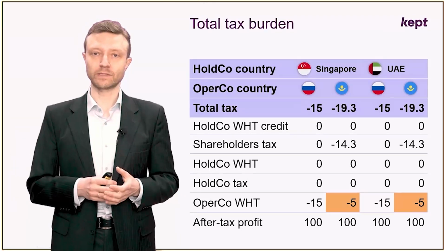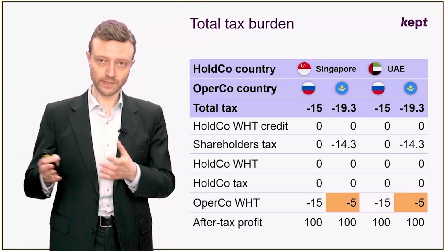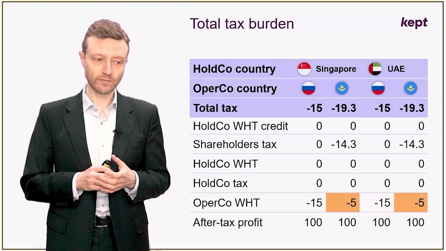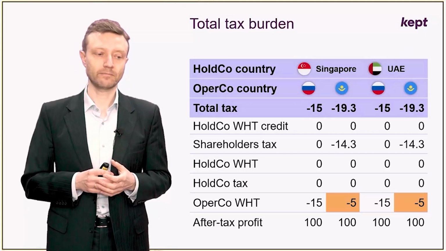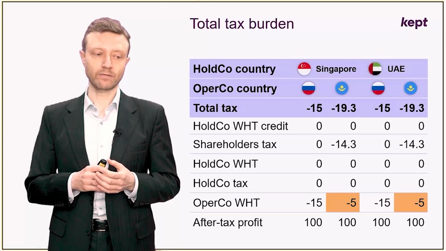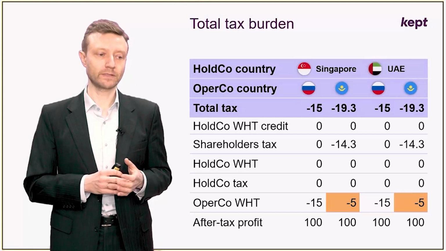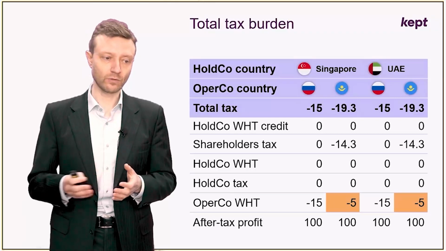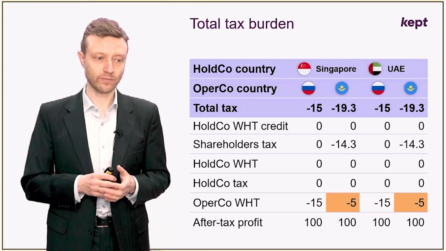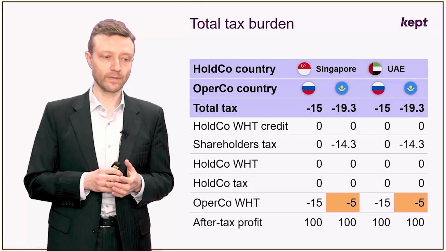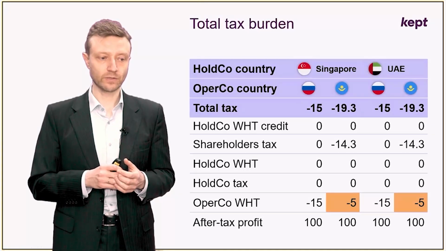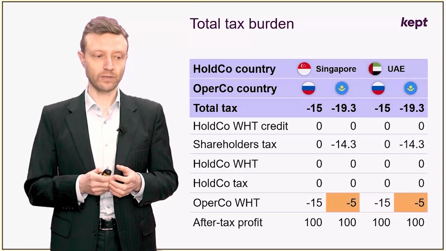This is why 10% of the 15% withholding tax is then claimed from the state, but it doesn't always happen, the refunds are difficult. This needs to be taken into consideration. But if all goes well, then the 5% rate applies, and in both cases with the UAE and Singapore, the total burden on the Kazakh part of profits is going to be 19.3 units.